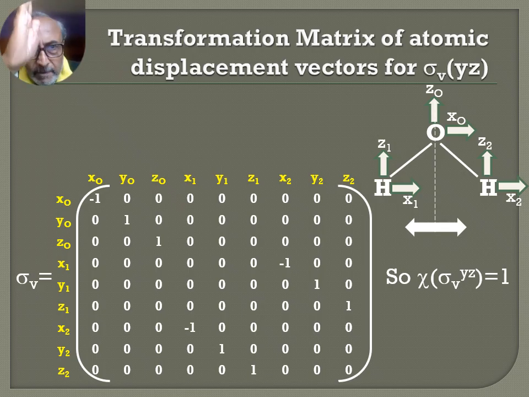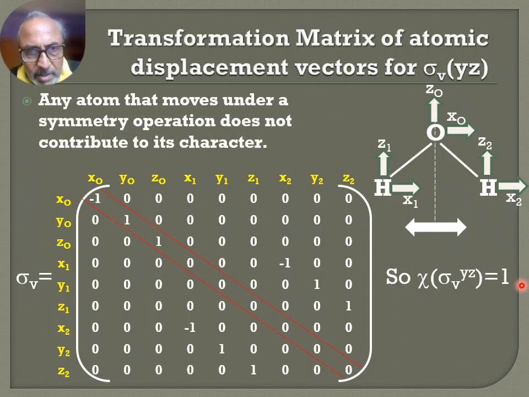Again, sigma vyz leaves the z vector on oxygen and the y vector on oxygen unchanged, and flips x oxygen to -x oxygen. It transforms x2 to -x1, x1 to -x2, z1 to z2, z2 to z1, y1 to y2, and y2 to y1, so that we have this matrix which has a trace equal to 1.